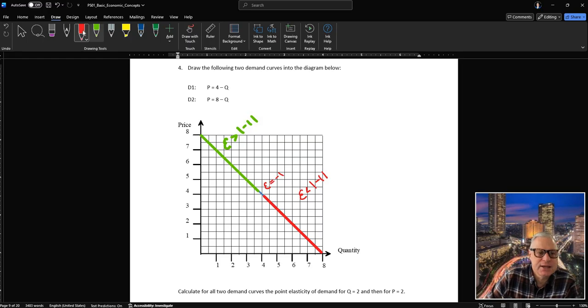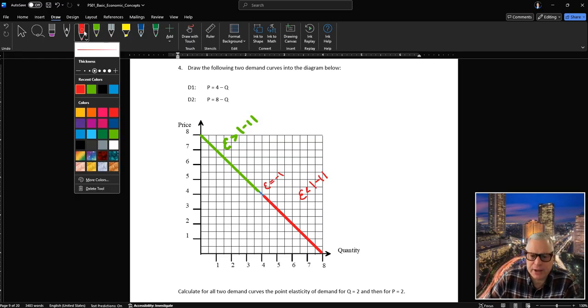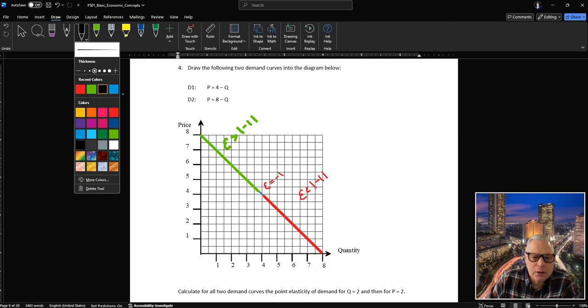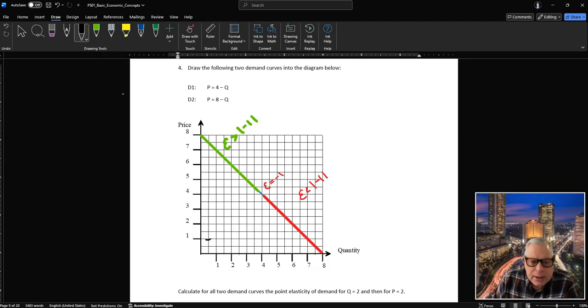So we can just verify what happens if we use a numerical example. Let's say the price is currently 1. Well, if the price is currently 1, then quantity demanded is 7. Okay, so now total revenue at the price of 1 is 7 times 1, or 1 times 7.